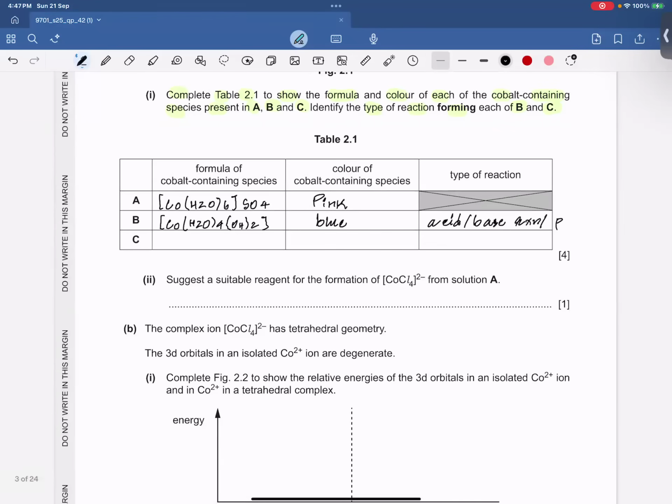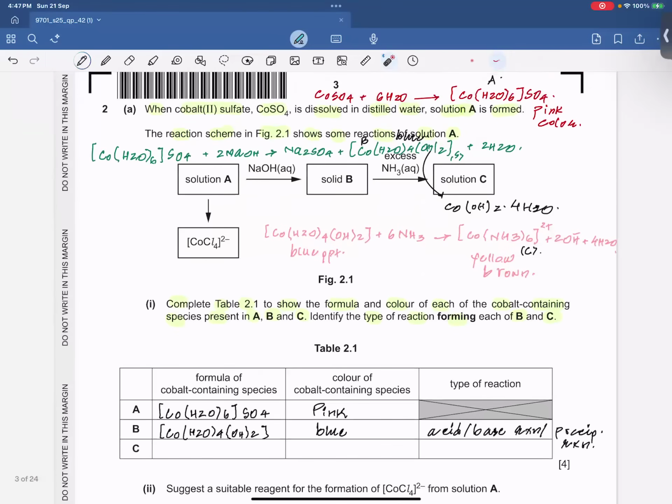Both are acceptable, so you can write any one of them. Why is it an acid-base reaction? Because this complex ion will serve as an acid and NaOH will serve as an alkali, which is why an acid-base reaction takes place.